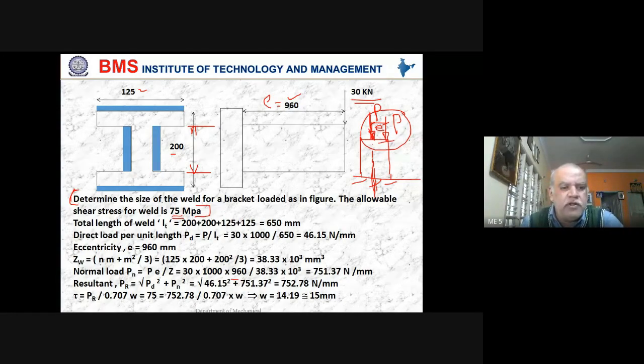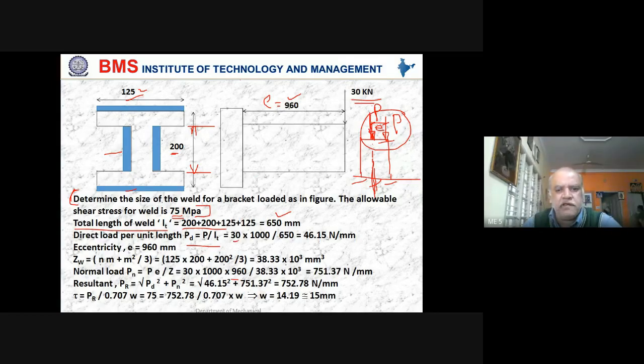Just follow the procedure. Find out the total length of the weld, which is nothing but 200 plus 200 plus 125 plus 125, put together is 650 mm. Just check the calculations. Then find out direct load per unit length, PD, which is given by P by total length of the weld, LT.